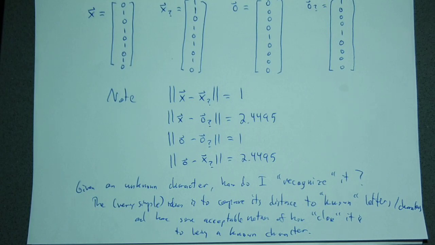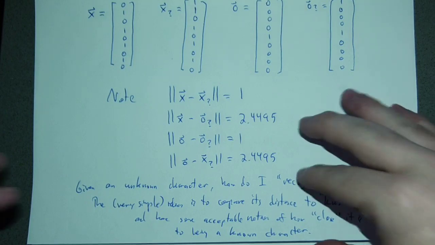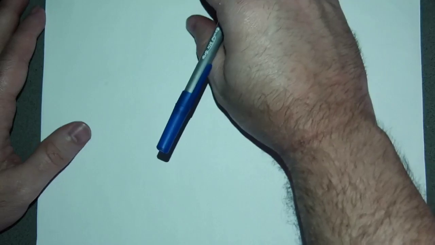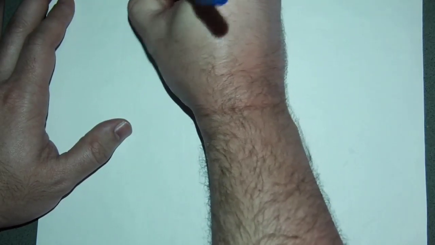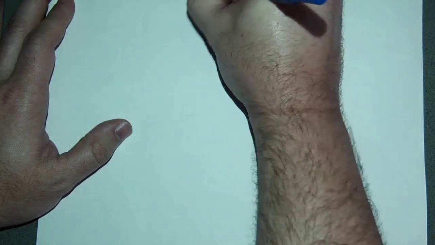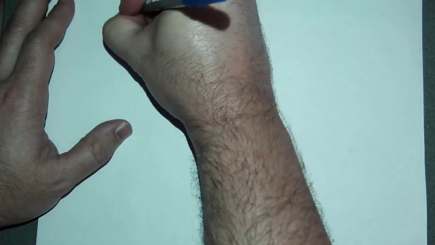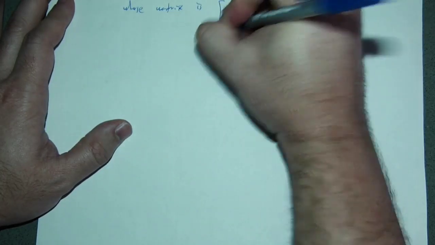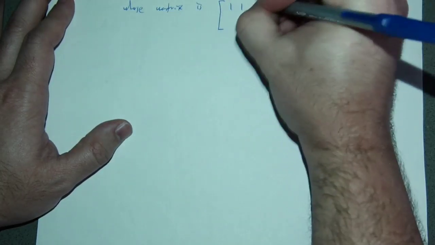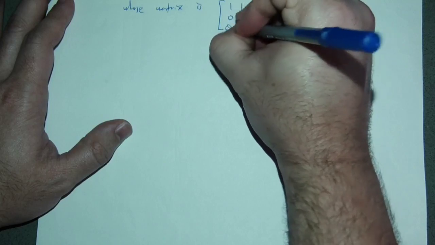Okay. Now, maybe I'll write that. So in the example on page 4, consider the character whose matrix is 1 1 0 0 1 0 0 0 0.